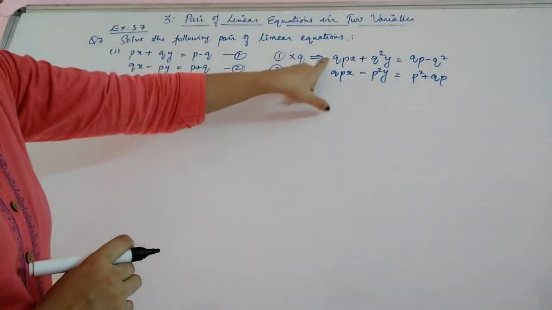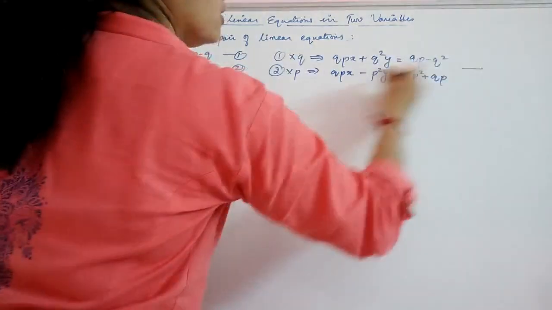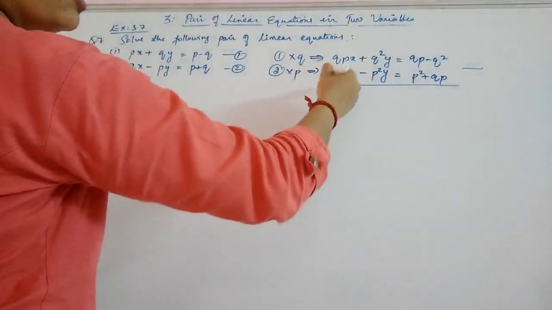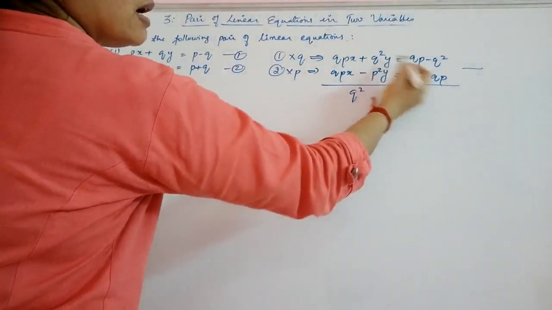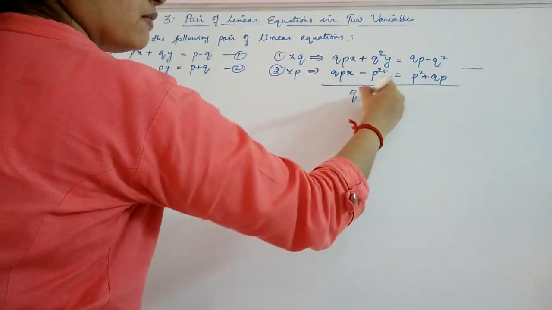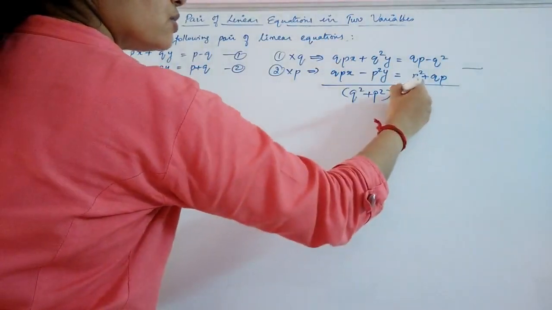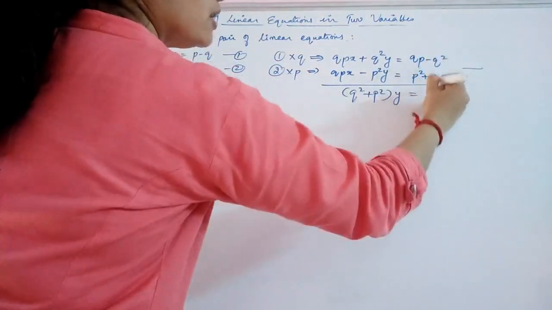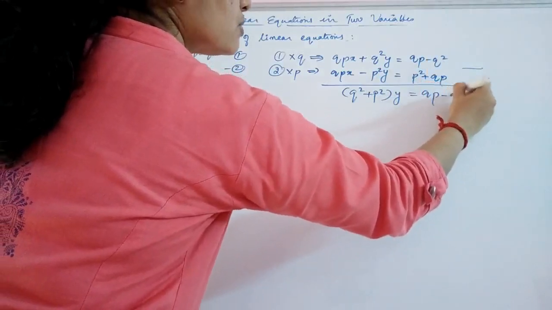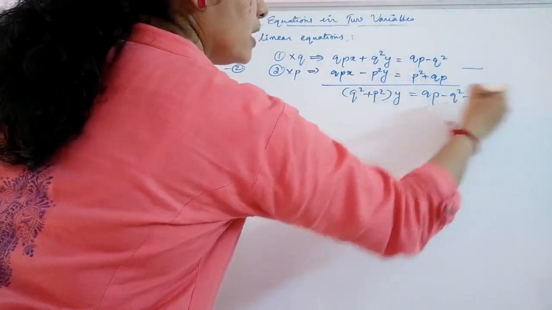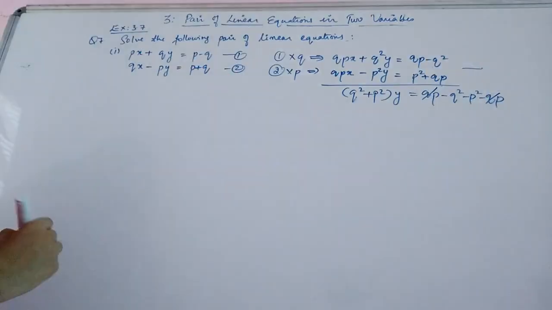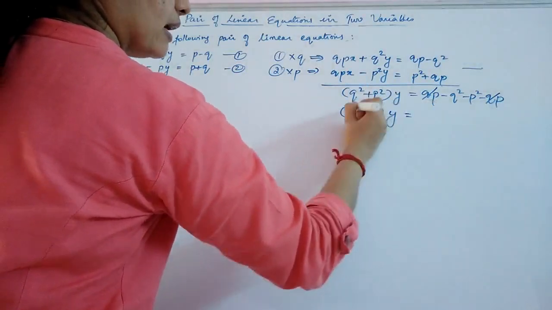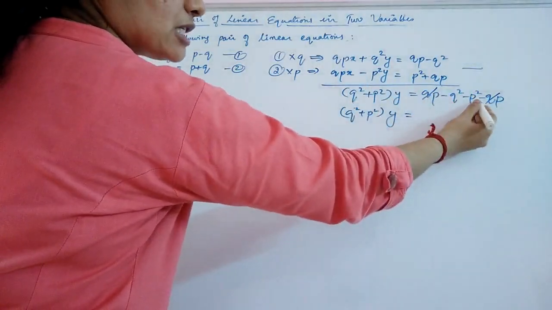Now you can see that the coefficients are the same, so you can just subtract the two equations. Subtracting the two equations, what you will get? This will go and you will get q square minus of minus p square, which will give you plus p square, into y, both have y in common so I have taken it out, is equal to, here you will have qp minus q square minus p square minus qp, again minus qp plus qp will go, and this will become (q square plus p square) into y is equal to minus q square minus p square.